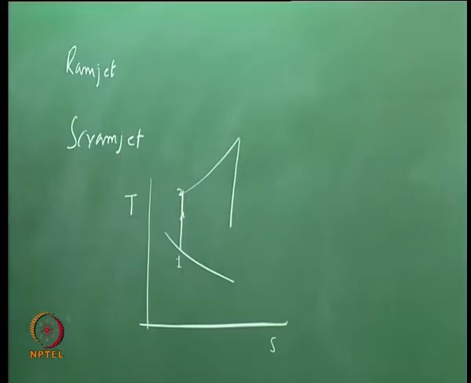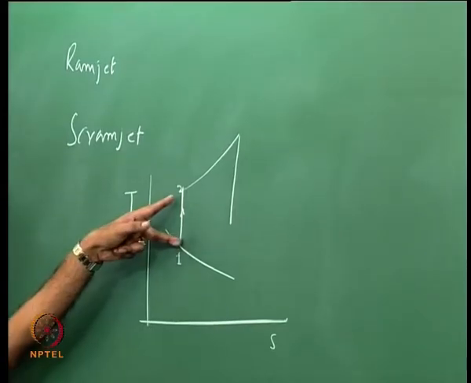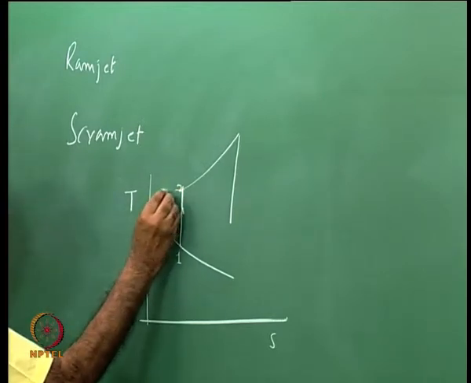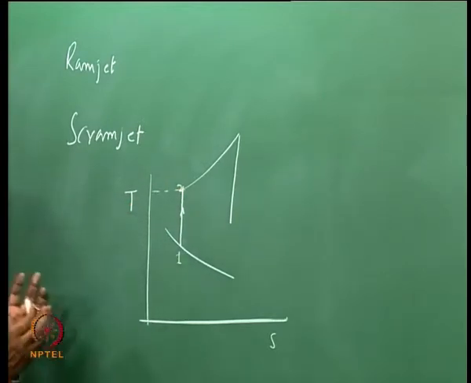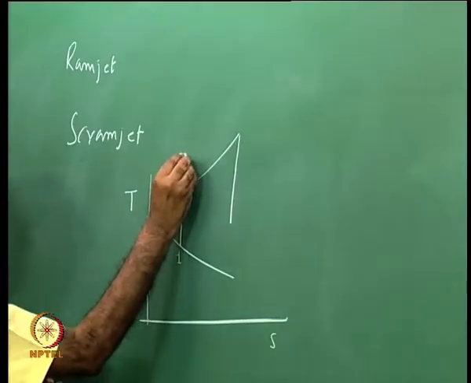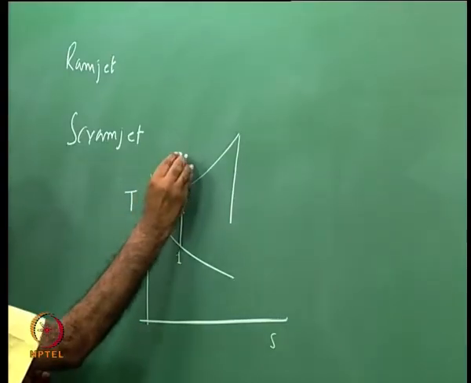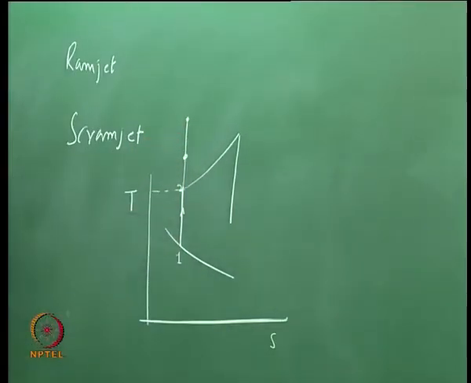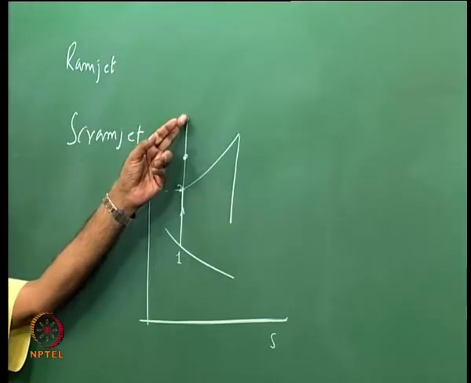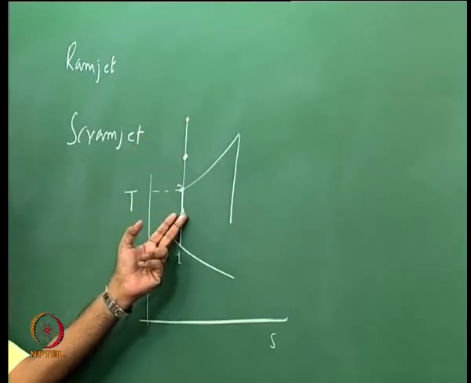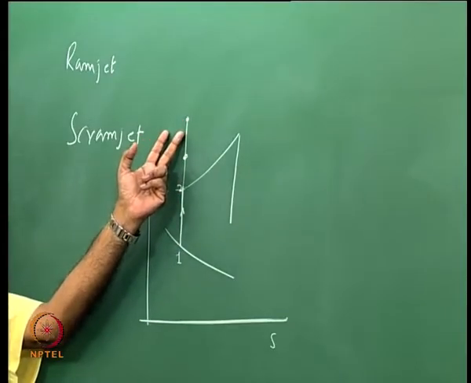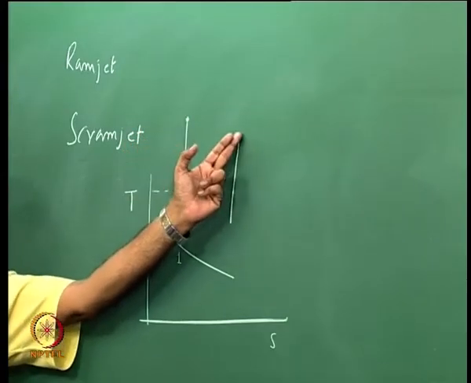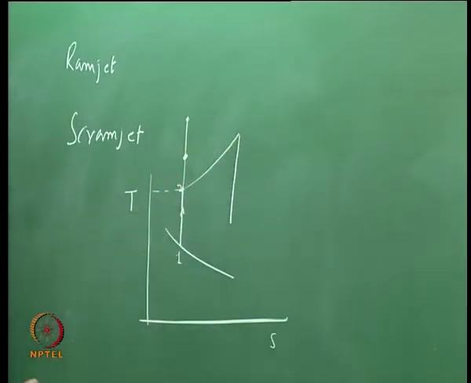Now if I keep on compressing the gases more and more, I have a temperature here which is high, I want still further expansion, I go to still further temperature over here. I have still higher compression, I go to still higher temperature over here. In other words, as I go to higher and higher temperature, the air which is getting in will get dissociated and the temperature will be higher, and if the temperature is so high that I cannot add any more heat release, I cannot have any engine operating.